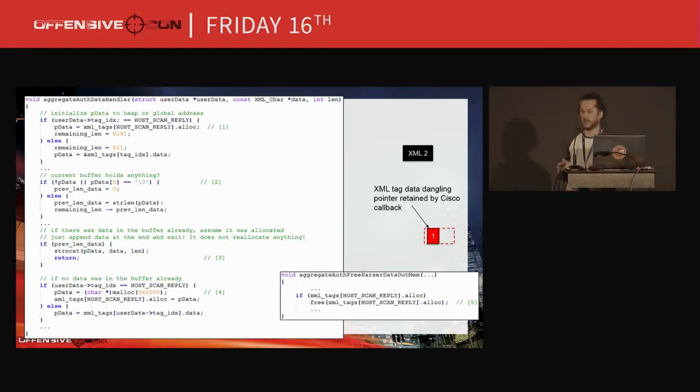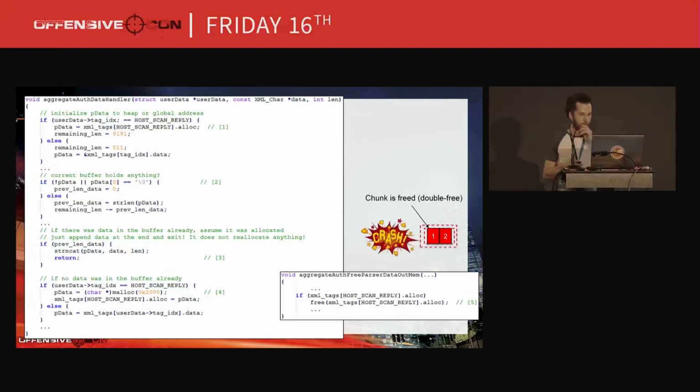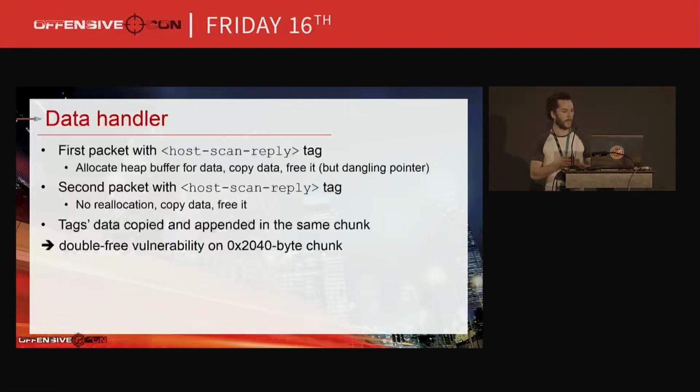Yes, there is, because there was some data. And we end up calling strcat to append the data into this free chunk. Then we return, so we don't reallocate anything. We just append some data in the free chunk. But what is really interesting is later in step 5, we're freeing a free chunk again, resulting in a double free. So now we know it's a double free.